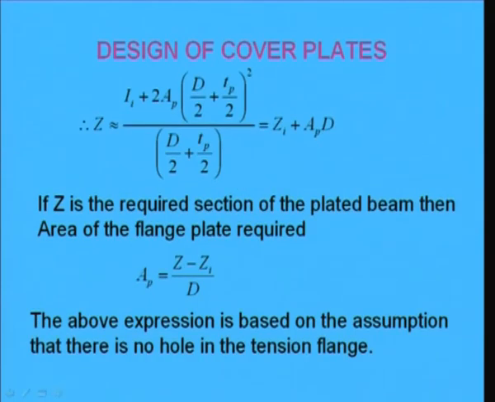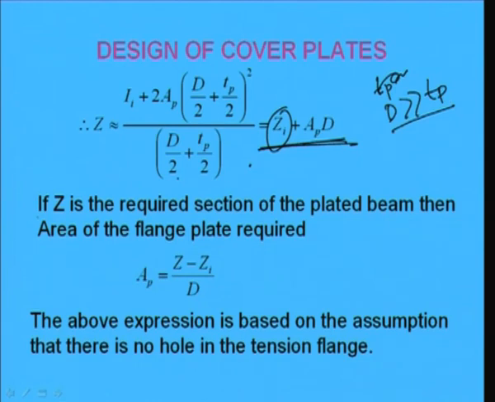So, what we are doing? Z we are going to get in this way, and if we make I by this, Z_I plus A_P into D, right. If we derive this equation, we will find out finally Z will be approximately Z_I plus A_P into D, by neglecting T_P in some places, because D is much greater than T_P, otherwise we have to calculate as a whole.